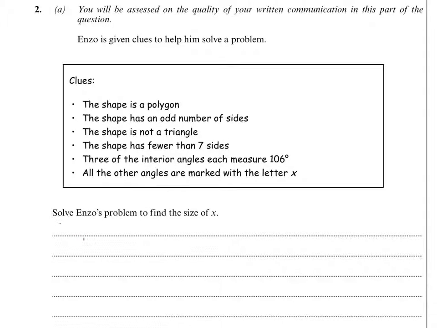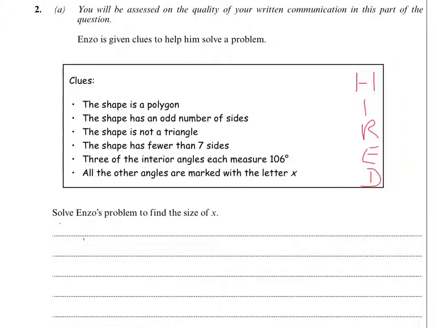Now this question is quite straightforward, so we're going to use our acronym HIAD, which stands for highlighting the information, illustrating it, recognizing what maths we're using, explaining it, and deciding on our final answer. So first we look at the question we've been given and highlight any key information that would be useful in answering it.